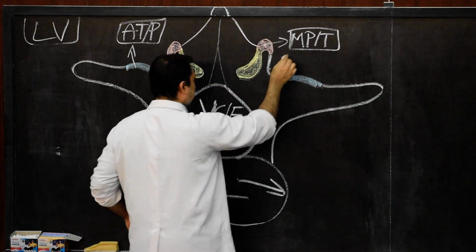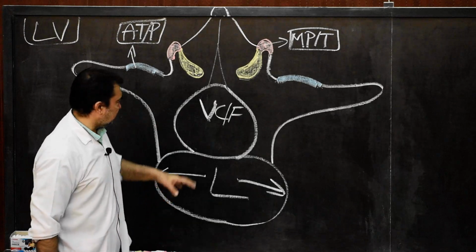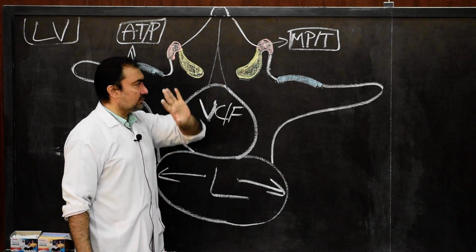Some books mention it as mammillary process, some as mammillary tubercle. So the posterior margin of the superior articular facets of all the lumbar vertebrae will have this mammillary process.